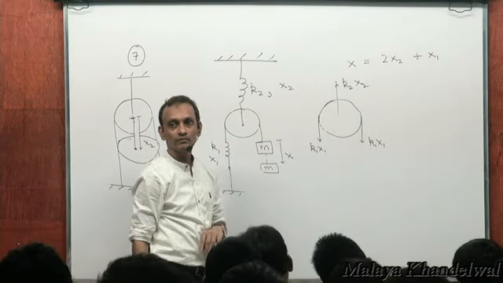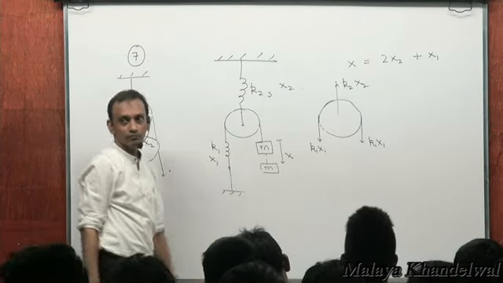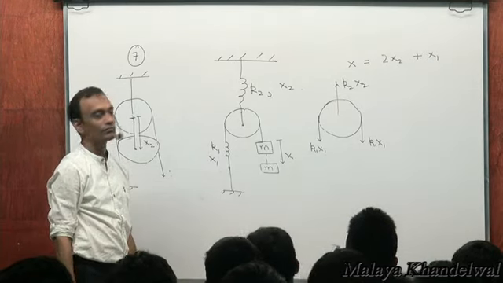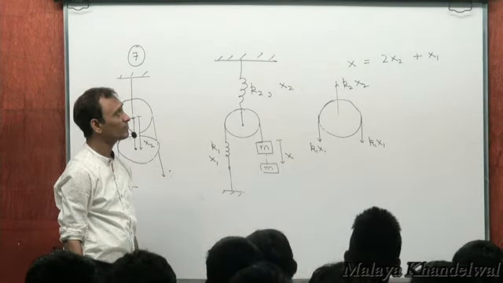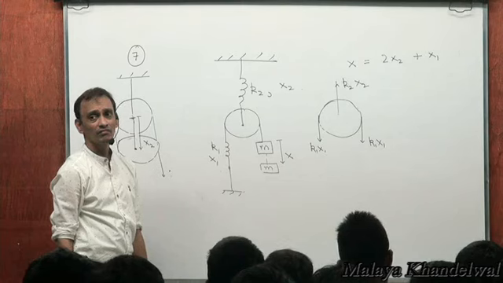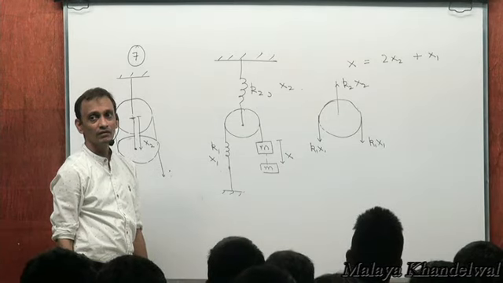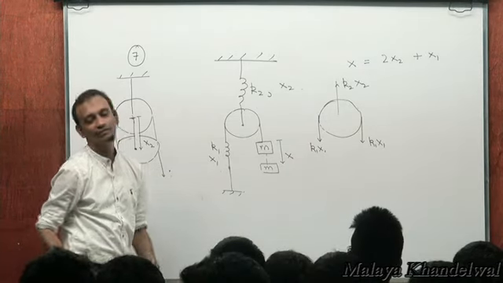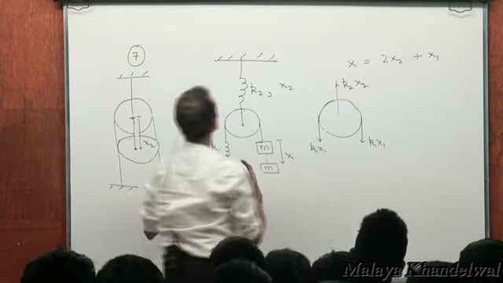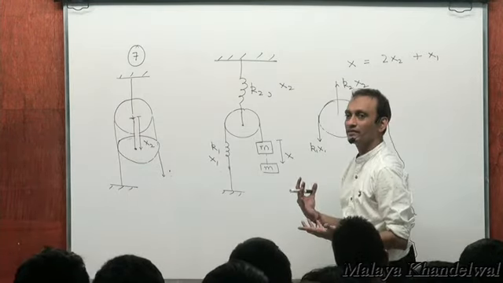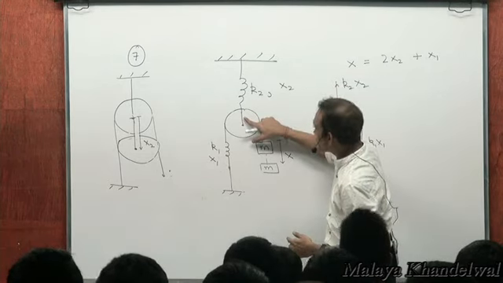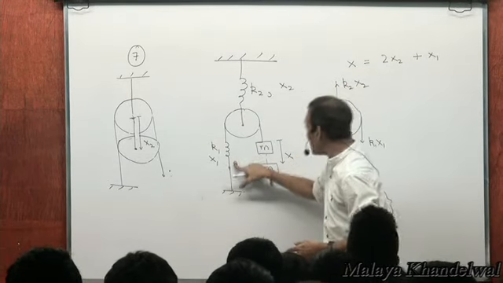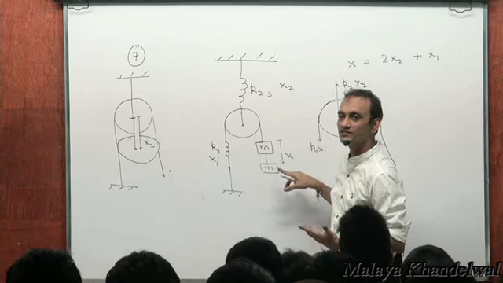Can't we do it directly, like suppose for example the pulley descends by x, then the block would descend by 2x and the K1 spring would elongate by. Of course not. The two are independently acting. Why? The sum total of the change brought about by this plus this must be the descent of this.